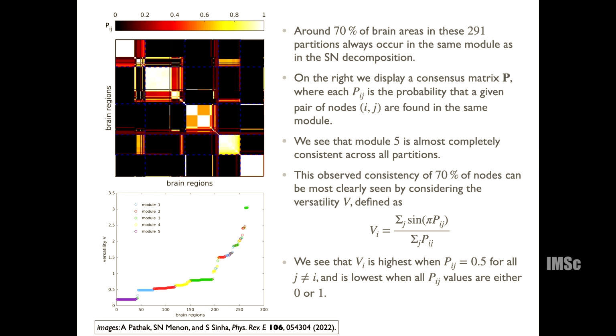But this shows that regardless of the kind of partitioning that we're using, more or less the same nodes are occurring together, right? And this is further proof that our observations regarding sensory modalities are a genuine structural feature of the network, not just something that happened by chance because of the particular method we used.